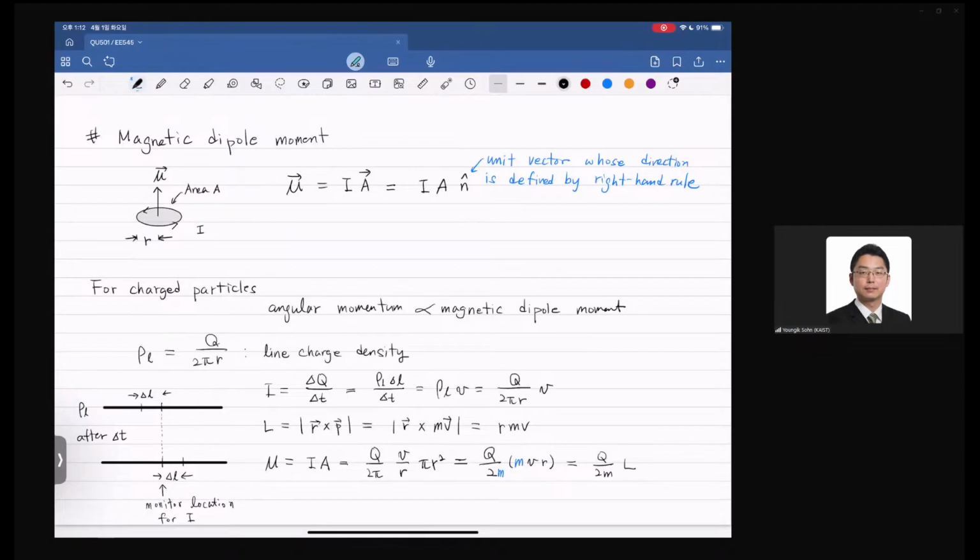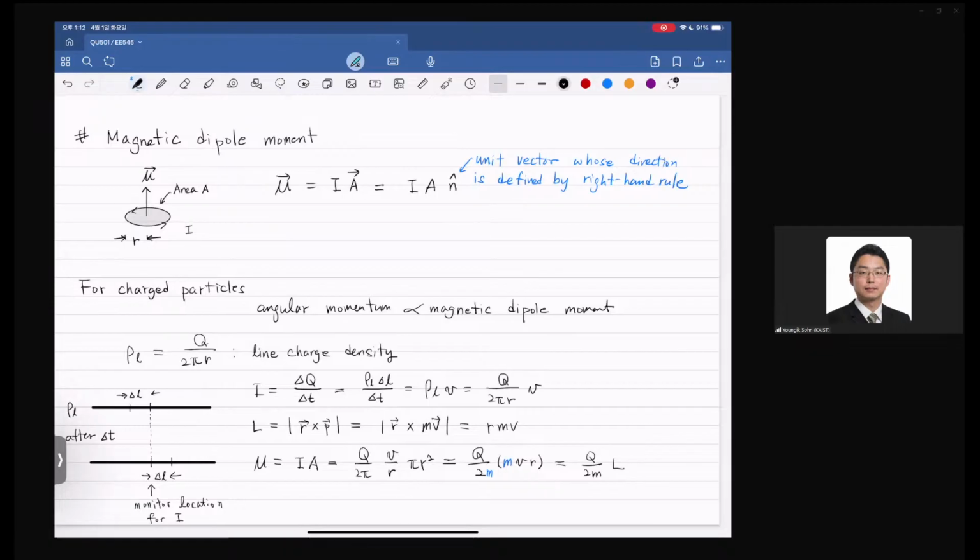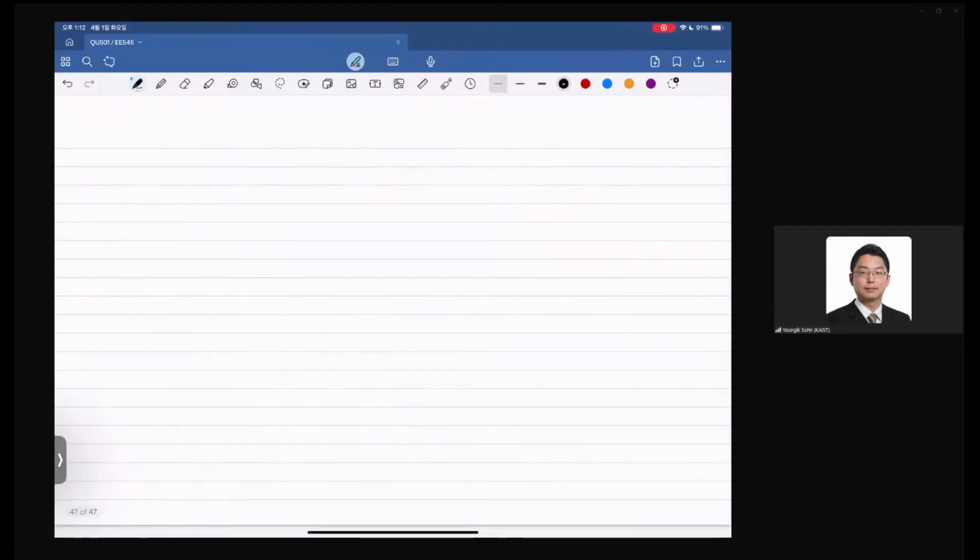Okay, let's move on. So this ratio, right, of mu over L is Q over 2M.